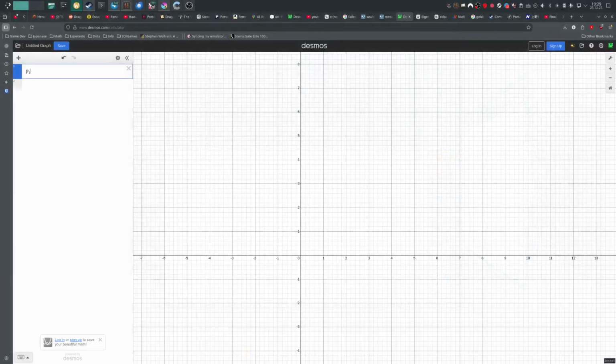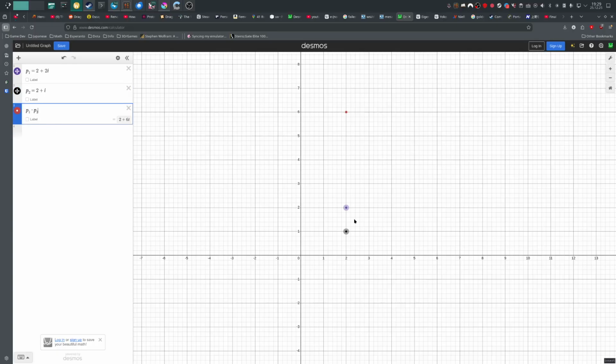So P1 equal to 2 plus 2i and P2 equal to 2 plus i. And you see essentially it goes 2, 1 and then 2, 2. Nothing more. Now what happens when I put P1 times P2?